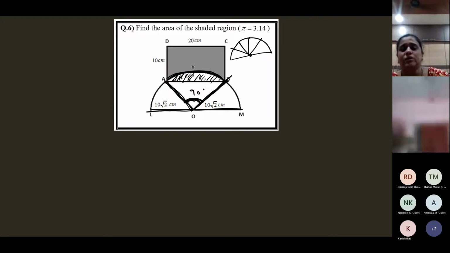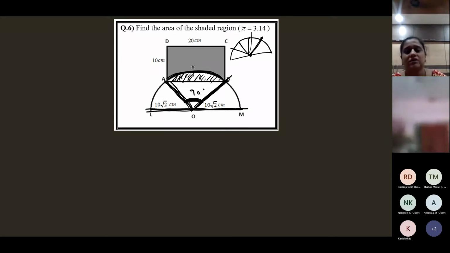From the center to any point of the circumference is the radius. So clearly this is the radius, 10√2. So the sector angle 90 by 360 into pi, where pi is 3.14 as given here, times r square, 10√2 the whole square. So you have everything to find the area of the sector.